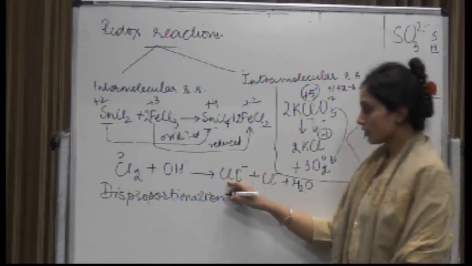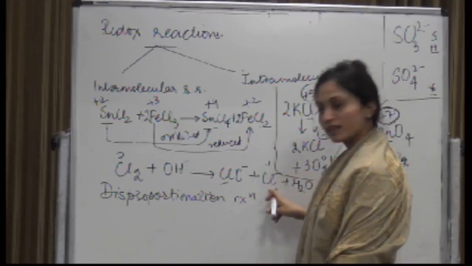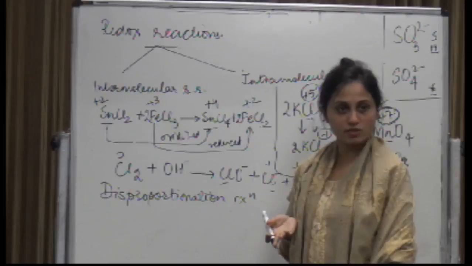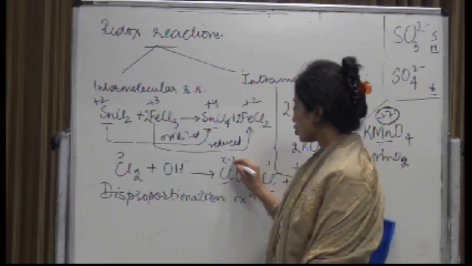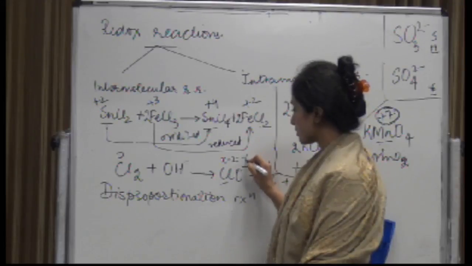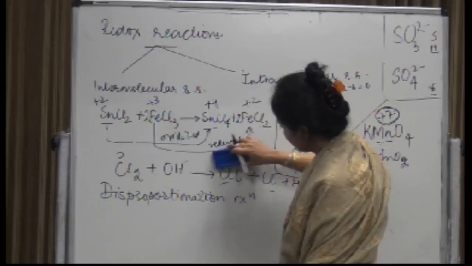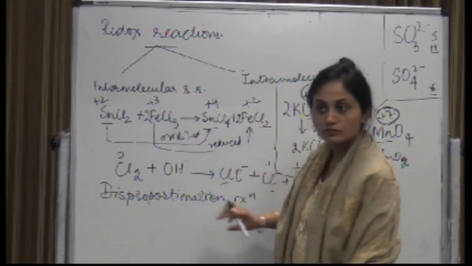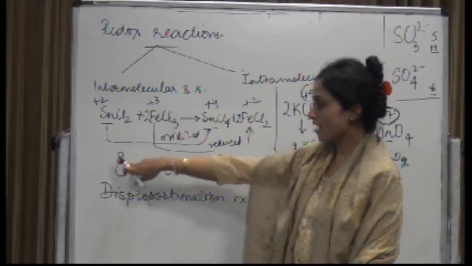Find out the oxidation state of Cl in all these cases. It is -1 because it is Cl minus, so the oxidation state is clearly -1. Here, X minus 2 is equal to -1, so it is +1. Are you all here with me? Yes, +1. So what is happening from 0 to +1?